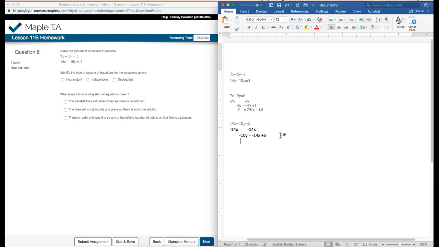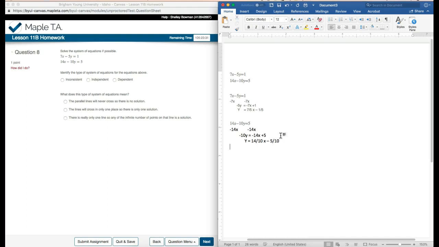Dividing the left-hand side by negative 10 leaves me with positive y. And remember, every single term has to be divided by that negative 10. So I end up with negative 14 divided by negative 10. Negative divided by negative is positive. So positive 14 over 10, and we'll simplify that in a minute, times x. And then I still have this 5. So positive divided by negative is negative, and that's 5 over 10.